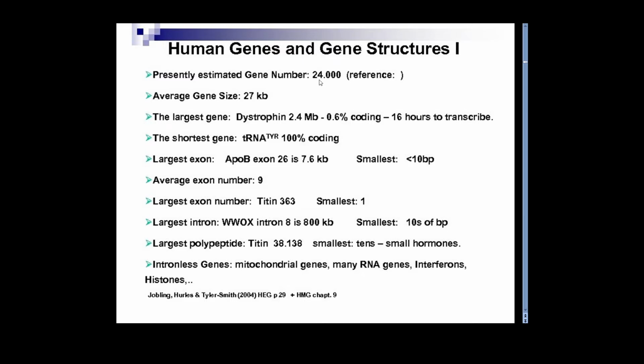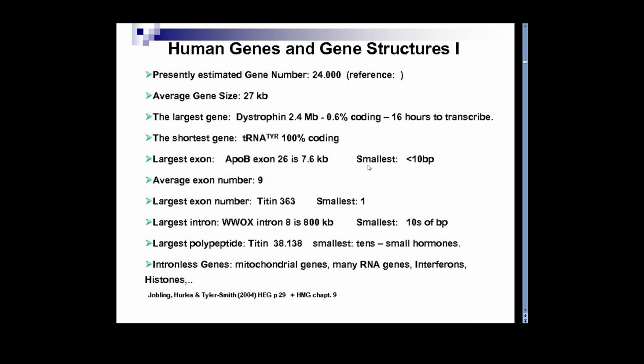Now, a summary of the comparison between length of genes and their products. Now it's 24,000, really now 22,000 genes in the genome. Average size of a gene is 27,000. Maximal length, the largest gene, is 2.4 million nucleotides. Shortest, you see, transfer RNAs.